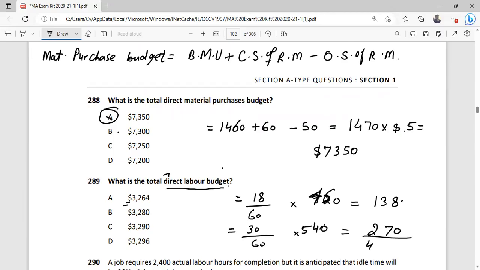Sum is 408. Per hour rate is provided in the question, which is $8. So we can multiply both the values. $3,264 is the total direct labor cost budget. Any question?